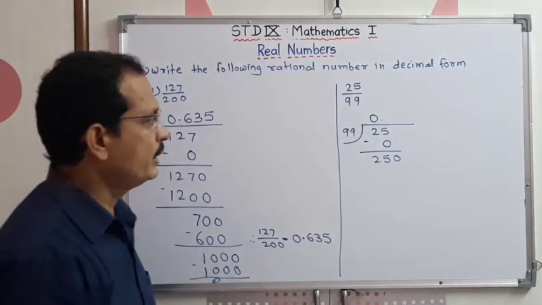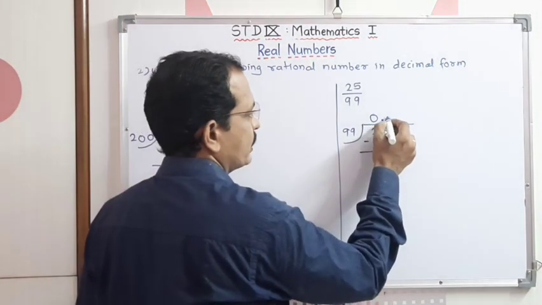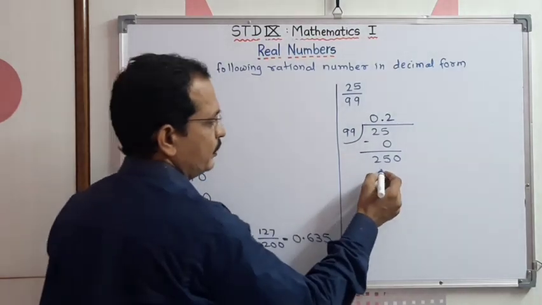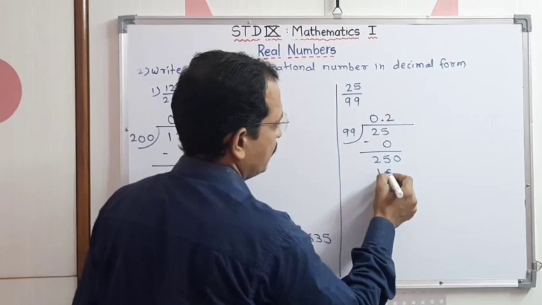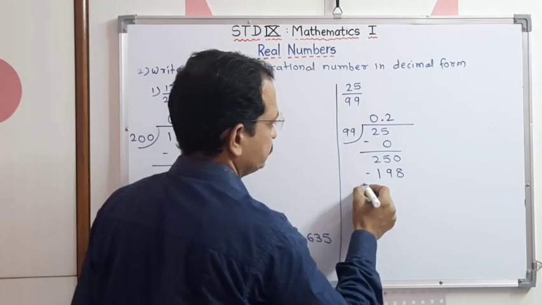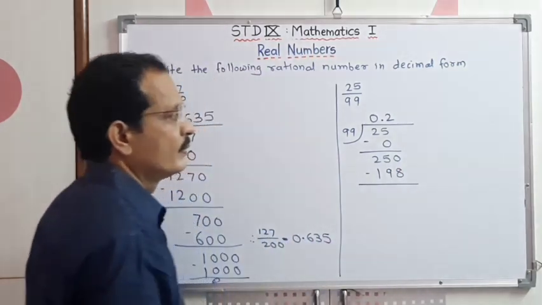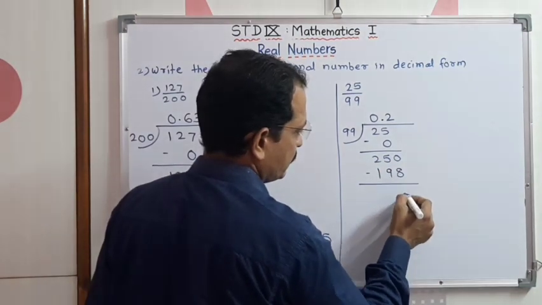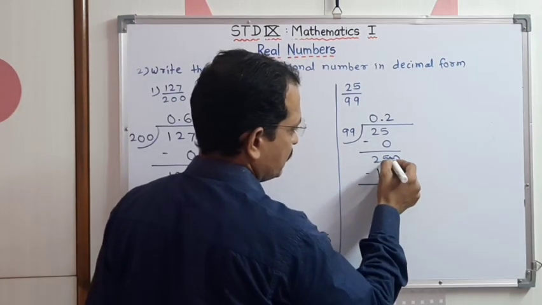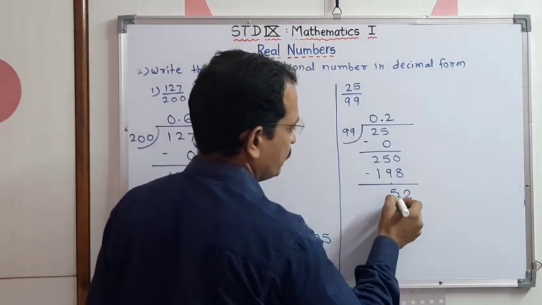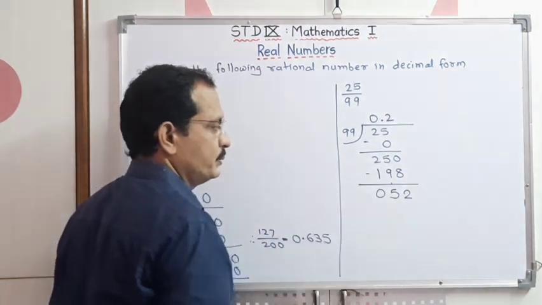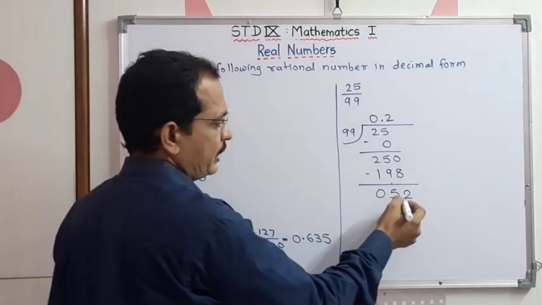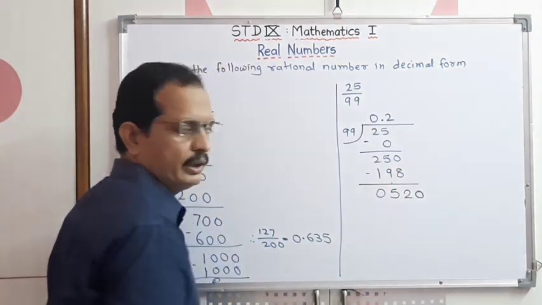Now 99 twos are 198. Then see 99 and here it is 520.